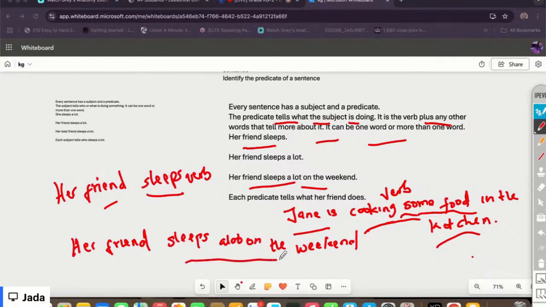Now, sleeps a lot on the weekend is the verb plus other information that tells us what the friend is doing. So we know that the friend is the subject and sleeps here is the verb, but all this other information tells you what the subject is doing. Okay?